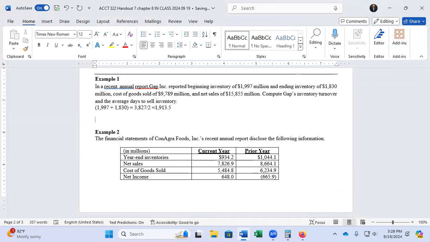And we want to find the inventory turnover. So that equals our cost of goods sold divided by our average inventory, which equals 9,789 million divided by 1913.5 million.